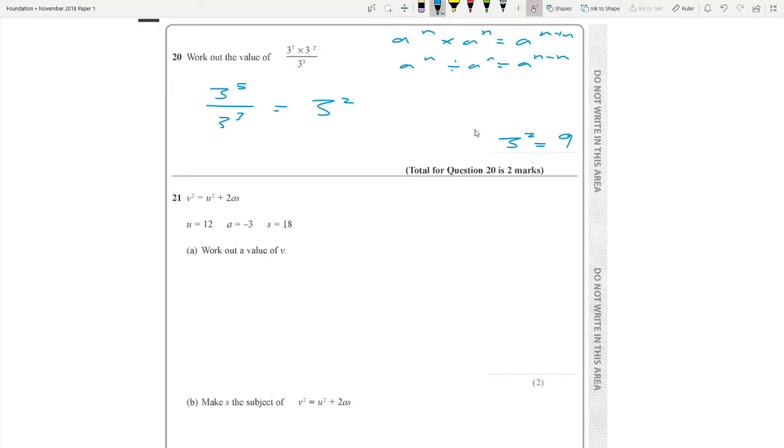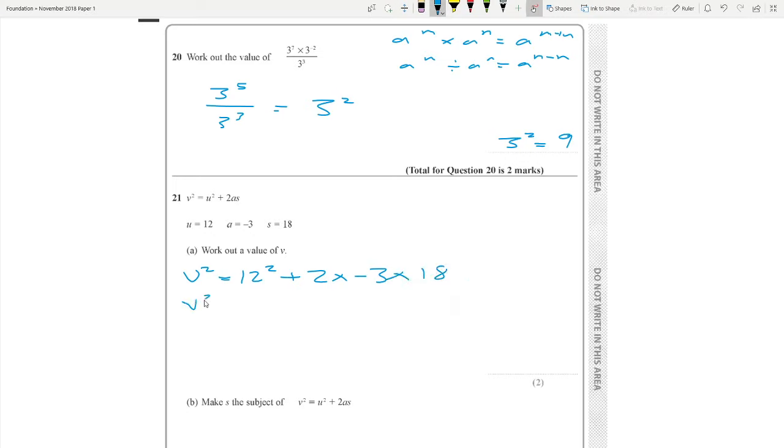Okay, question 21. Work out the value of v. Again it's another question on substitution. So v squared is u squared, which is 12 squared, add 2 times a, which is minus 3, times s, which is 18.